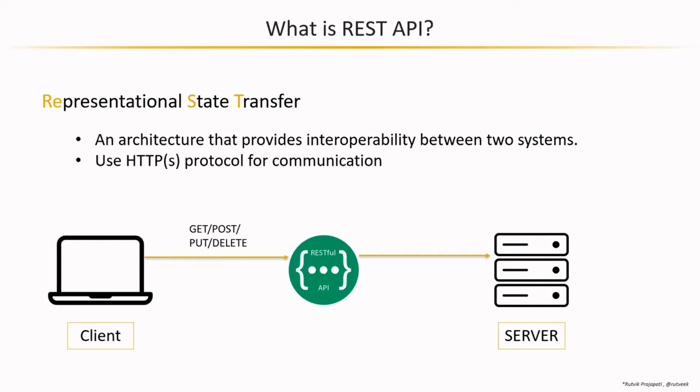These are all HTTP methods, which I'm going to explain in a couple of slides. Once the client sends the request, the server interprets that request and sends a response in the form of JSON or XML. So REST API is basically a request and response model, right?